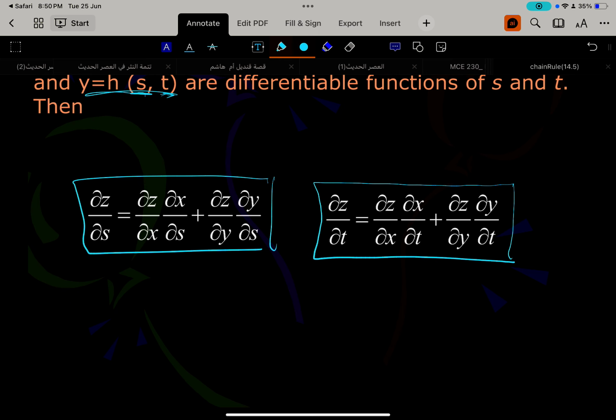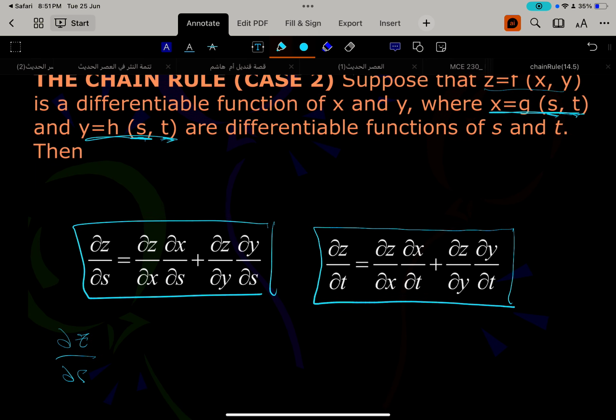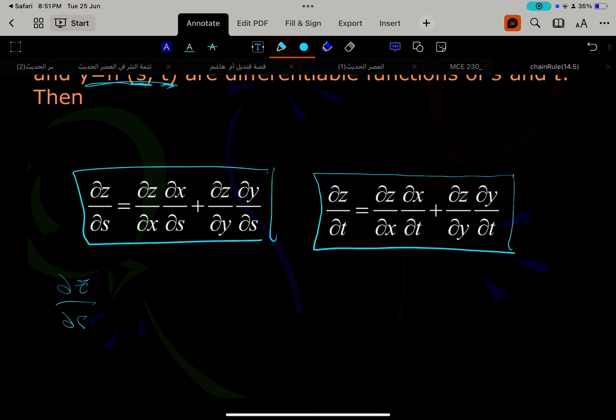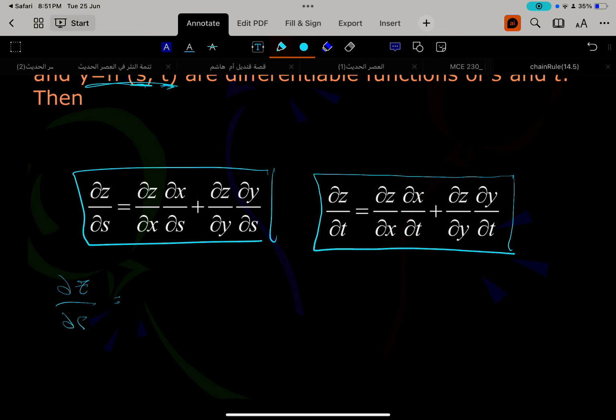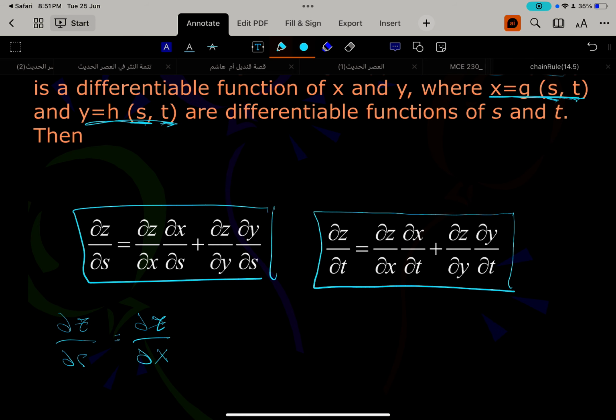So for the first one, we want the partial derivative of z with respect to one of the variables, which is s. We don't have z written in terms of s, so we need to use the chain rule: the partial derivative of z with respect to x, and then the partial derivative of x with respect to s.